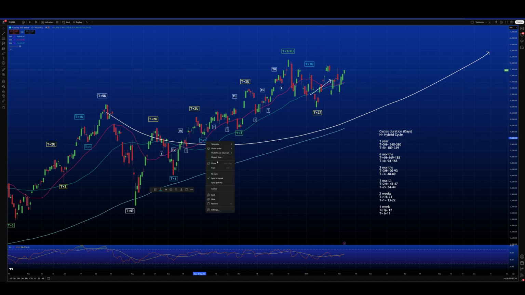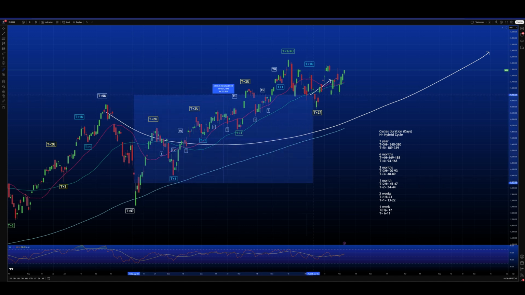Therefore, I can update the chart. T+2 plus T+1 gives a T+3. And after the closing of a T+3, we can have a new T+3 or T+4. Because if we gauge here the total duration, we have more than enough time to have the closing of a T+4, 110 bars.